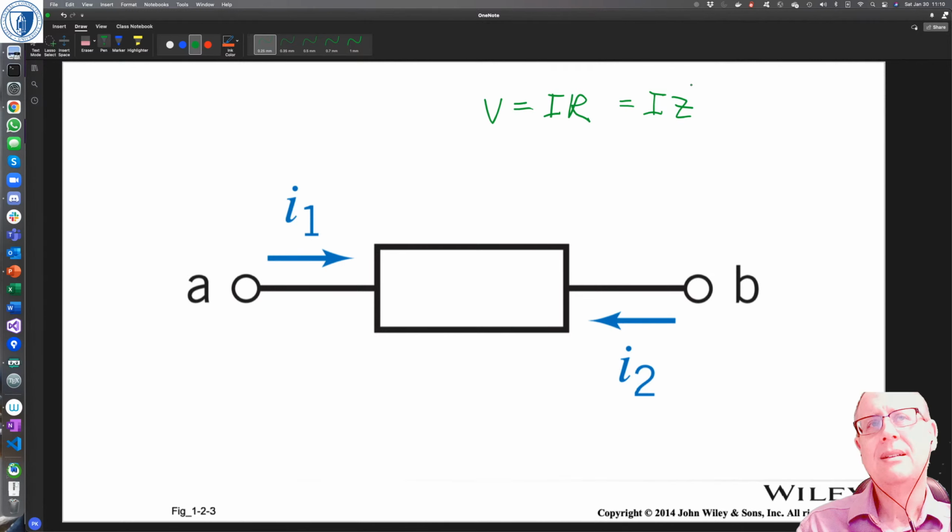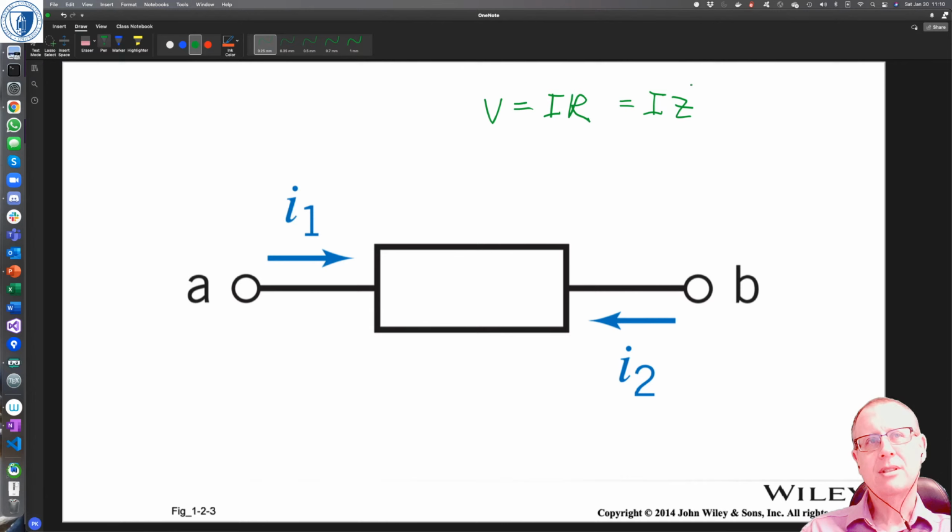Unfortunately, it's not quite that simple, because you've got to think about what you're measuring and what direction you're measuring it in.